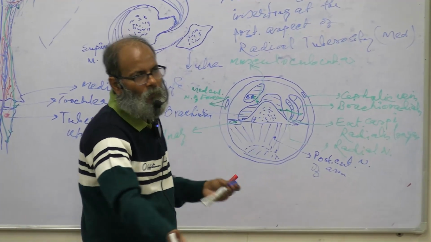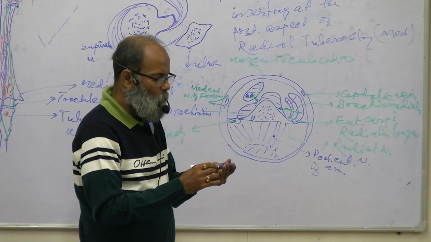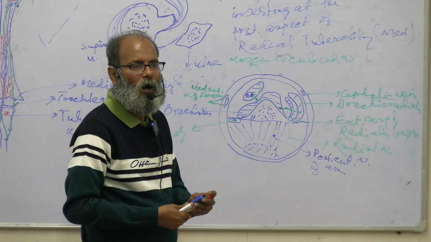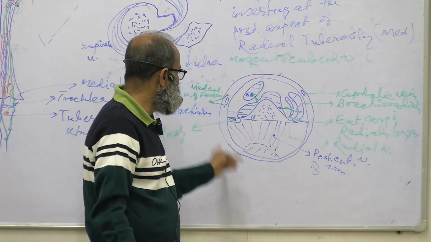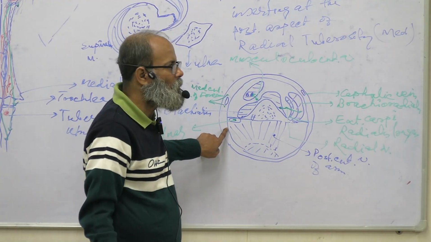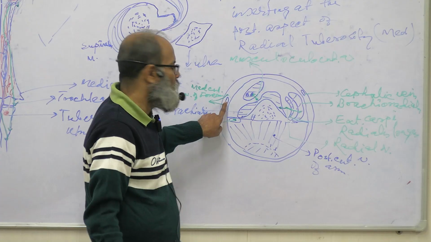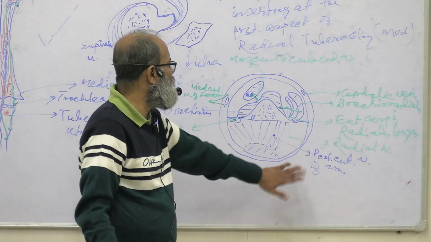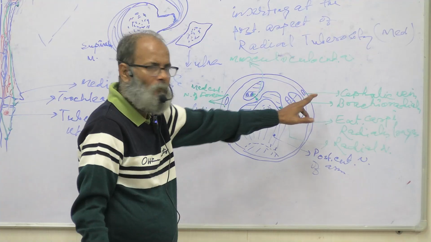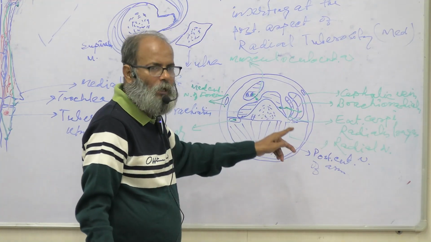If you do a cross section near the lower end of the arm, what will you see? This is the skin, this is the superficial fascia, in which this is the basilic vein, this is medial, this is lateral, this is the cephalic vein, and this is the shaft of the humerus.